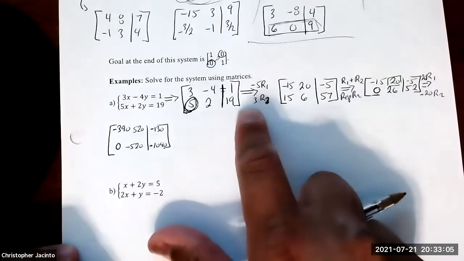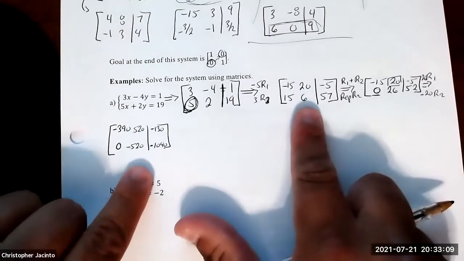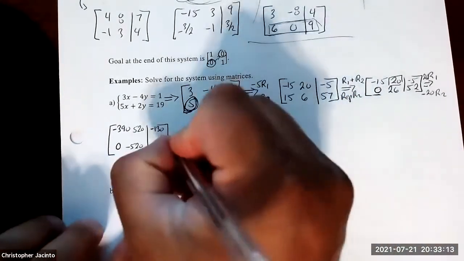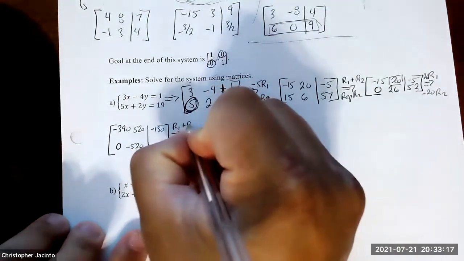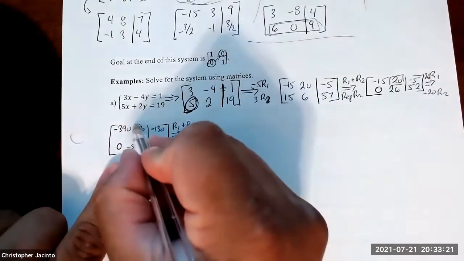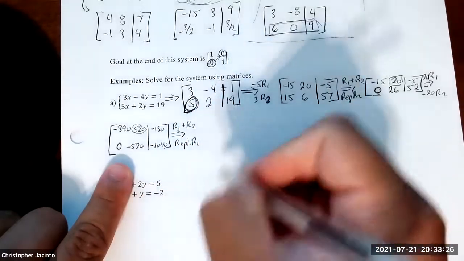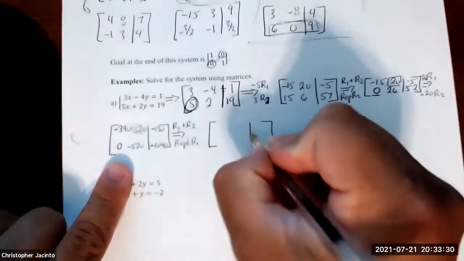So basically we're just copy and pasting now. So next step is you just add accordingly. So we're going to add row 1 plus row 2. And remember, we're changing this number, so we're going to replace row 1 now. And let's see what our end result is going to be.